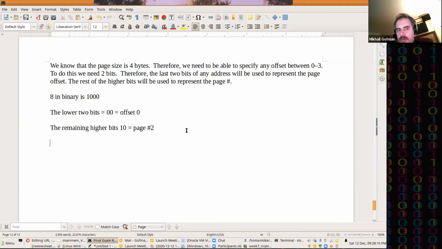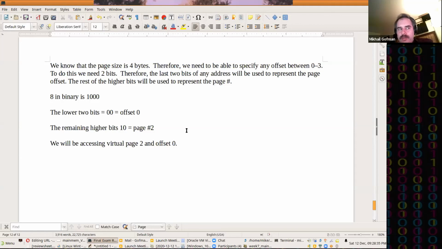So therefore, we will be accessing virtual page 2 and offset 0. Okay, that's basically the idea.